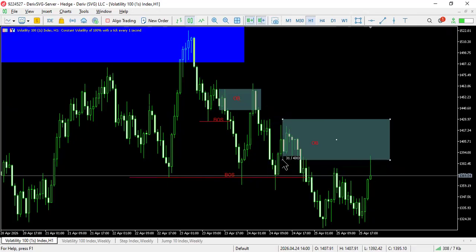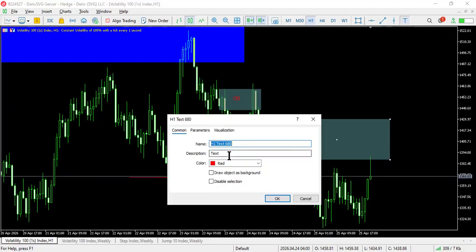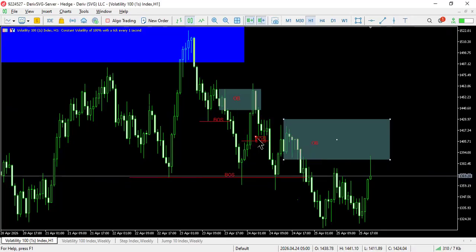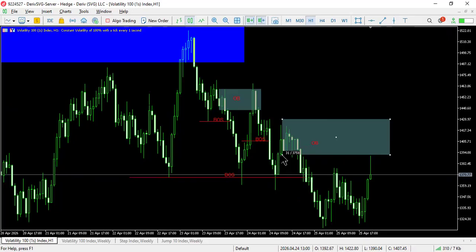Now we have this internal break of structure right there. We have that internal break of structure and our order block, which caused that break of structure.